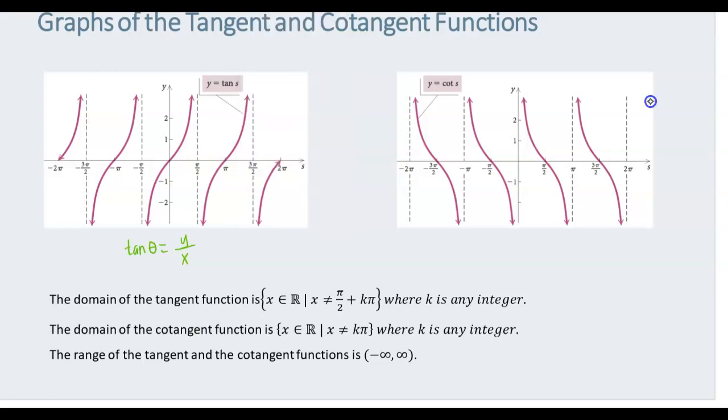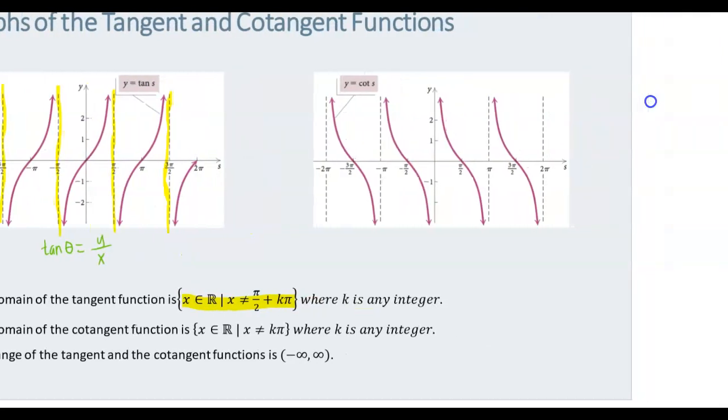We can see those asymptotes showing up at negative 3 pi over 2, negative pi over 2, pi over 2, etc. Odd numbers multiplied by pi over 2. This is one way to write that. The function's defined everywhere except at pi over 2, plus the distance between each asymptote is pi.